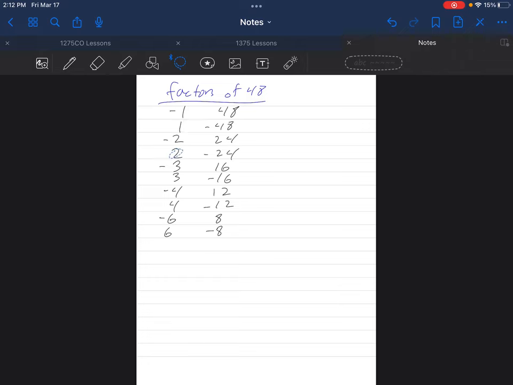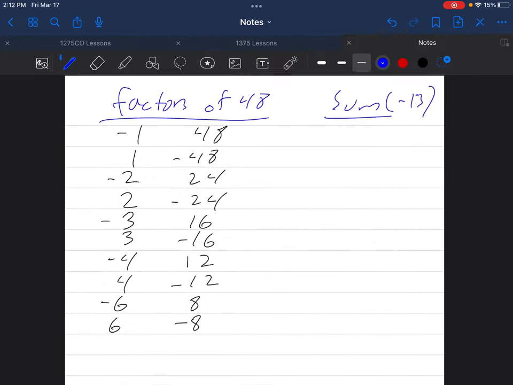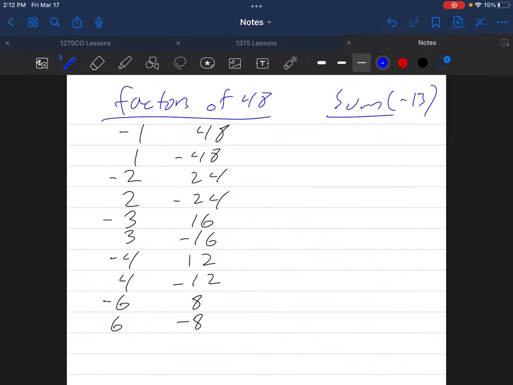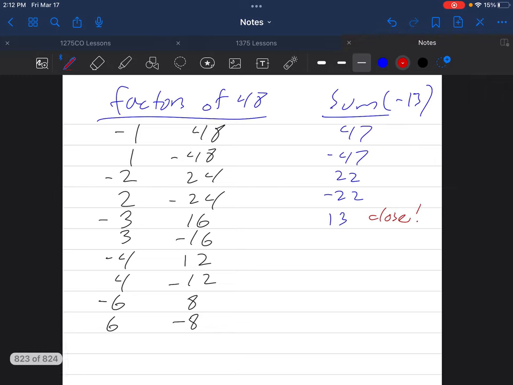We see here 1, 2, 3, 4, 5, 6, 7, 8, 9, 10 factors to consider. And what we're looking for is the sum. And our target number here is negative 13. So let's do a quick addition here. 47, negative 47, 22, negative 22, 13, close, but not good enough.